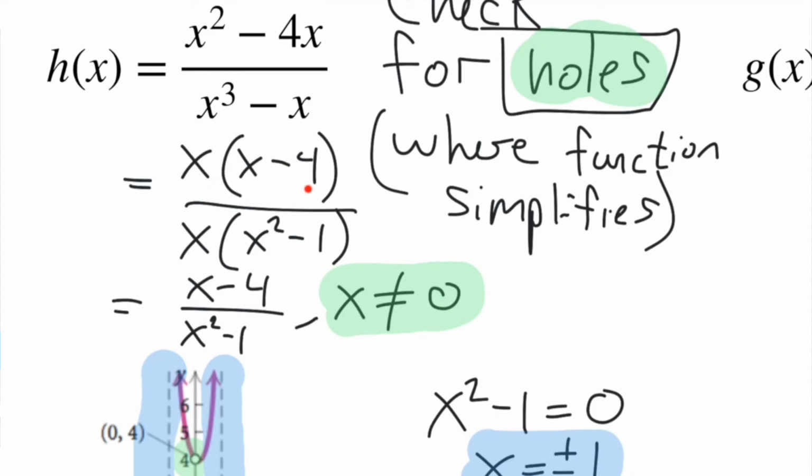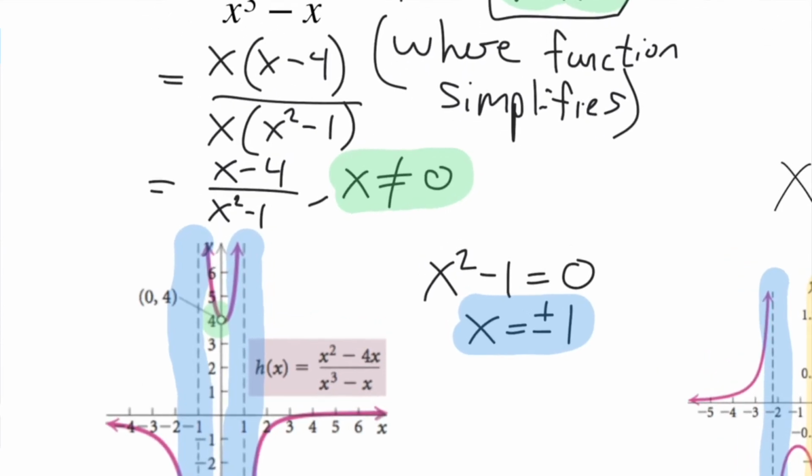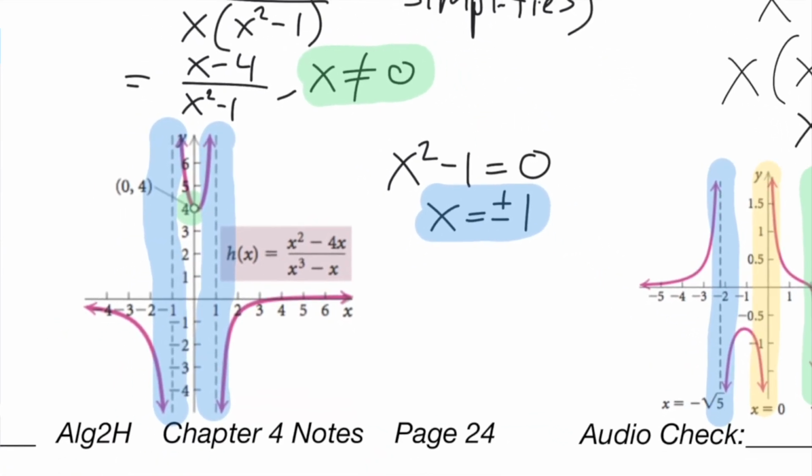So in order to go from this step to this step, you can say that they simplify, but make sure you don't plug 0 in for x, because if you do, you'll get a 0 in the denominator. It won't be defined. Anyway, looking at the simplified version, we get x squared minus 1, and when you solve that, you get x equals plus or minus 1.